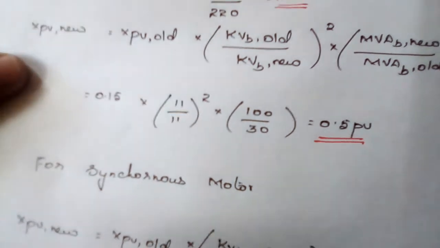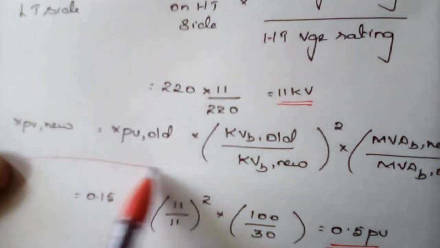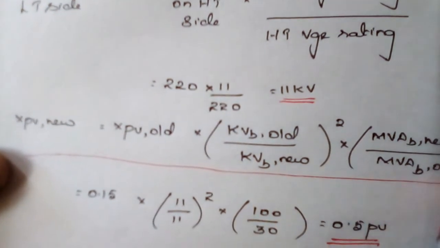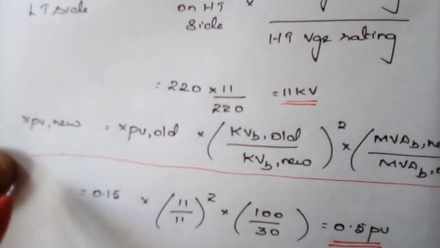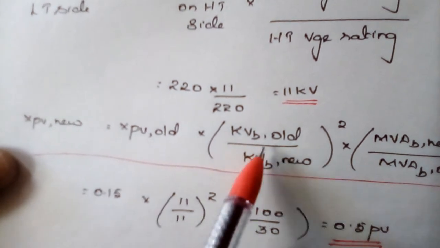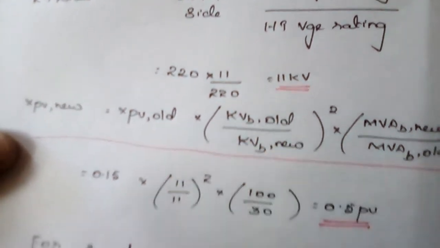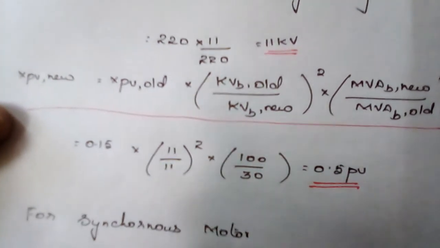And for the per unit calculation, we use this formula in all the cases. We are supposed to use this formula especially whenever there is a change in the old value and the new value of kV or MVA.